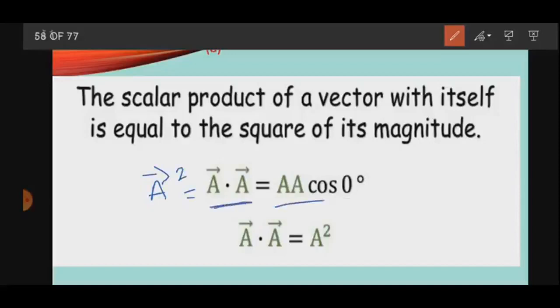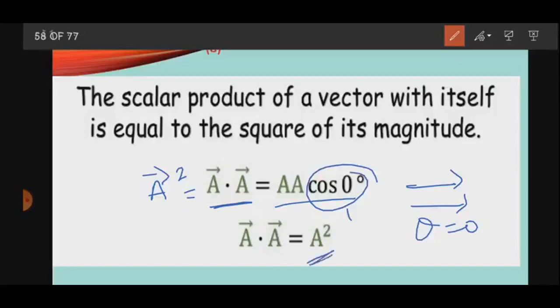Now write the relation, a into a, magnitude of the two vectors, a into a cos theta. Both are parallel. What is the angle? Theta is equal to 0. Cos 0 is equal to 1. Now the final answer, a vector dot a vector is equal to a square.